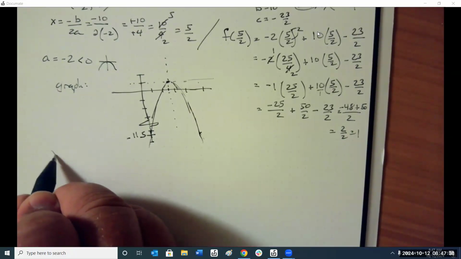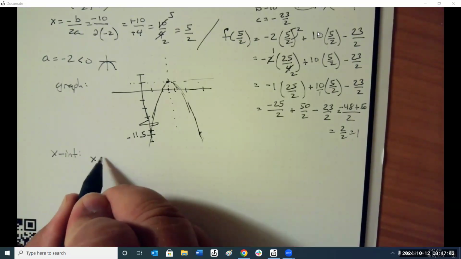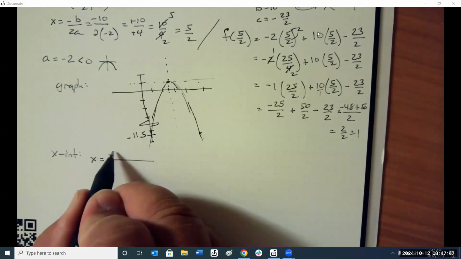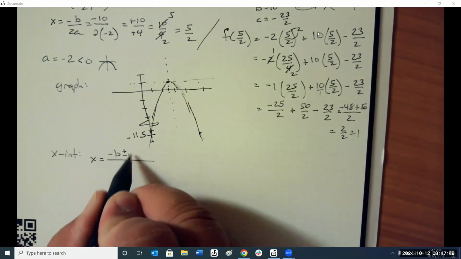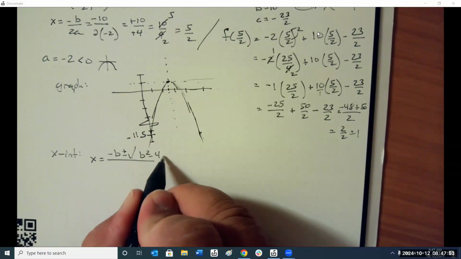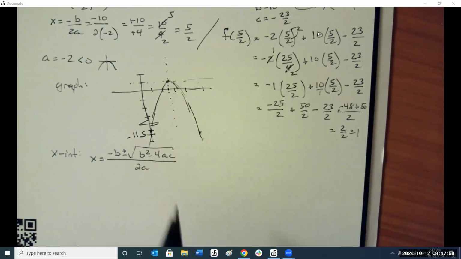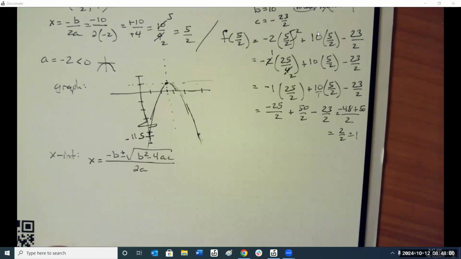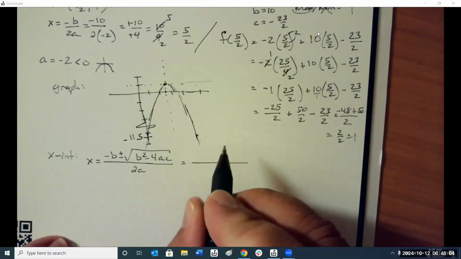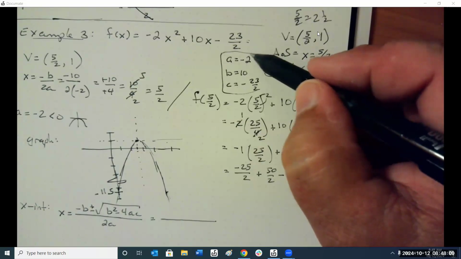So to find the x-intercepts, we use the quadratic formula. Negative b plus or minus the square root of b squared minus 4ac, over 2a. And I have everything listed up there, this is why I listed everything up here.